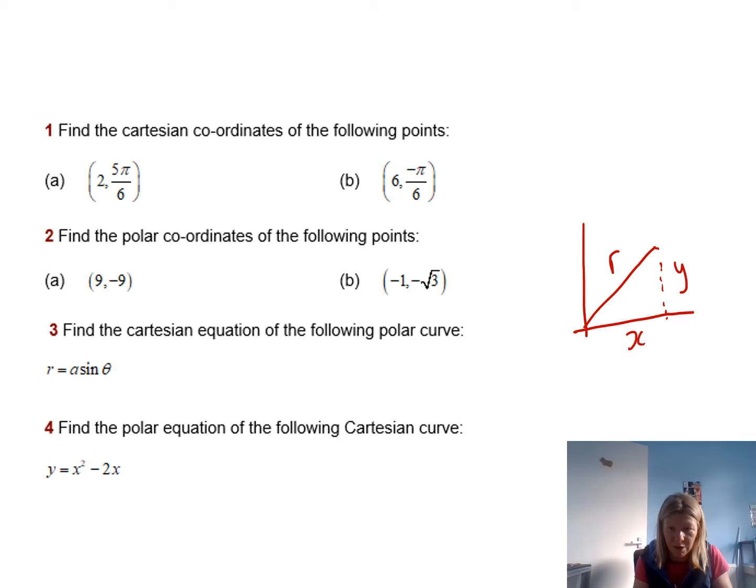That's a 90 degree, and that's your theta. And then you can use the fact that x squared plus y squared equals r squared. And also, sine theta is opposite over hypotenuse, so sine theta is equal to y over r. That might be useful for that. So I'll play with that.